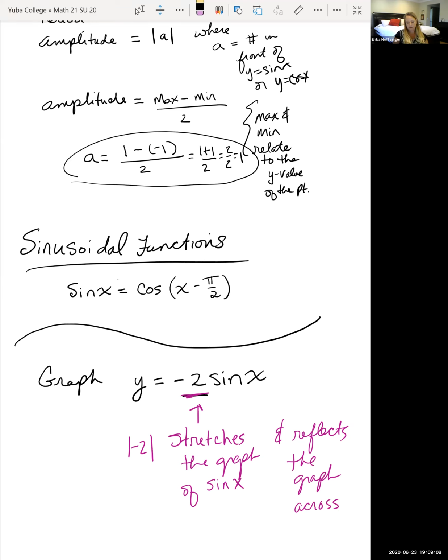Think of it, you're multiplying this by a negative sign, you're changing your y value, so it's a reflection across the x-axis.